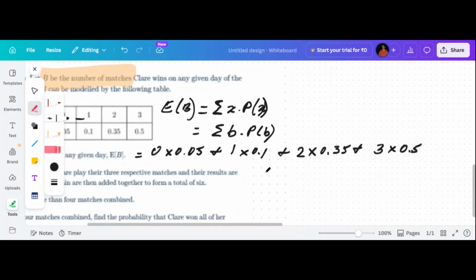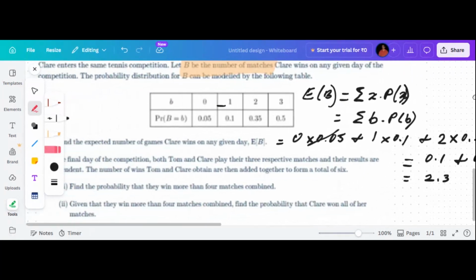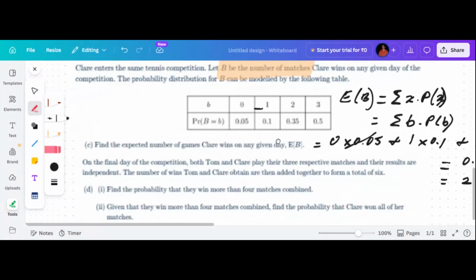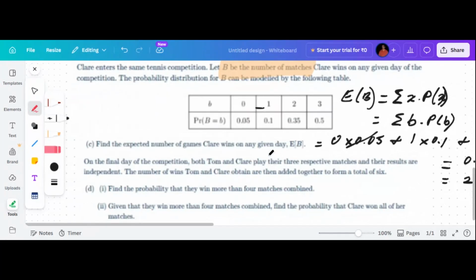So that becomes 0, 1 into 0.1 is 0.1, plus 0.7, 3 into 0.5 is 1.5, that's 2.3. So the expected number of games that Clara can win on any day is 2.3. My answer is 2.3.